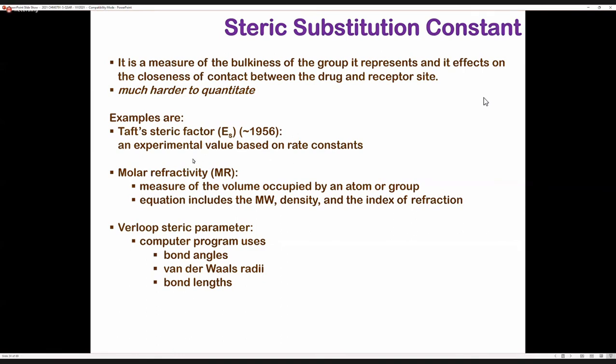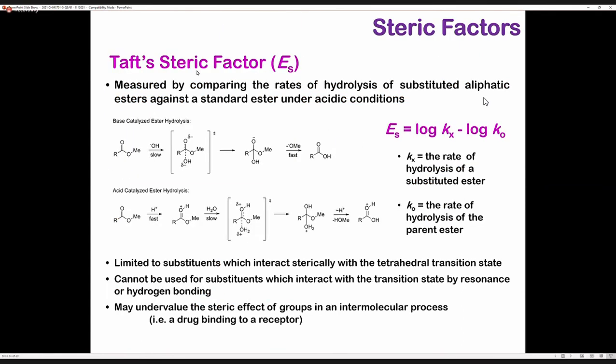So this can contribute to the molar refractivity measure, and then value steric parameter. This basically a computer program, right? So you calculate bond angle, van der Waals radius, and bond length. So you can also get steric substitution constant from calculation, theoretical calculation. Okay, and for experimental you can use molar refractivity. Okay, so these are the steric factor.